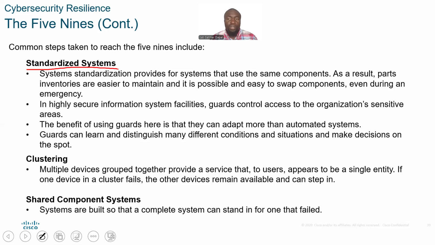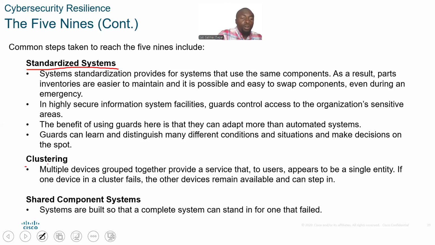As a result, spare parts inventories are easier to maintain, and it's possible to swap them in case of emergency. Maybe you're using this particular type of router or this particular type of servers, and you should have some extra hard drives in case anything happens.